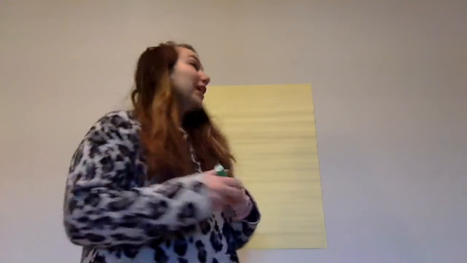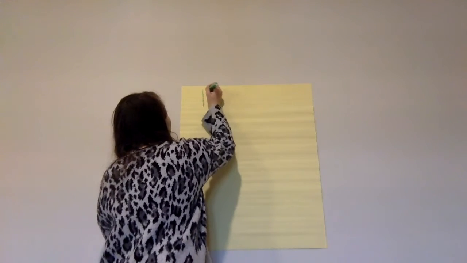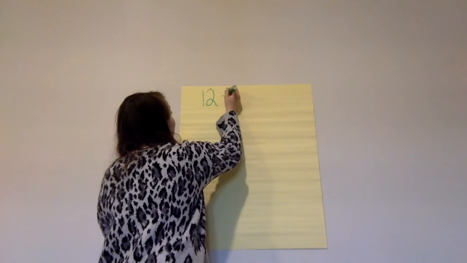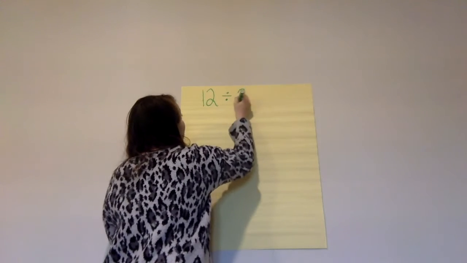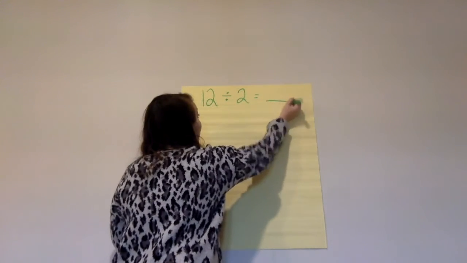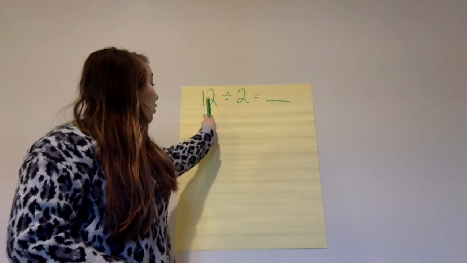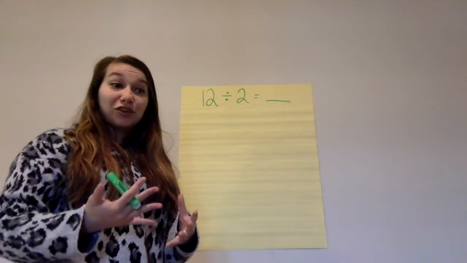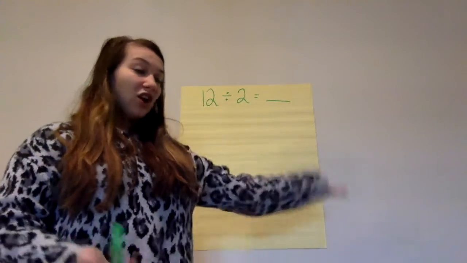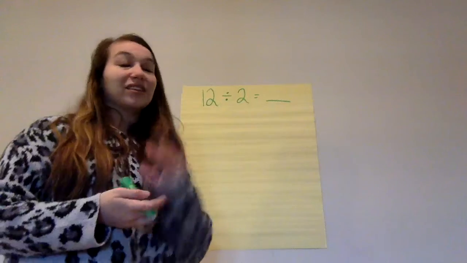What would our division equation look like? 12 cookies divided among 2 people. You got it? Well, if you said 12 divided by 2, you would be correct. So we have 12 total cookies, and we're dividing them into 2 groups, right? Because there are 2 of us. There's me, and then there's Chris.